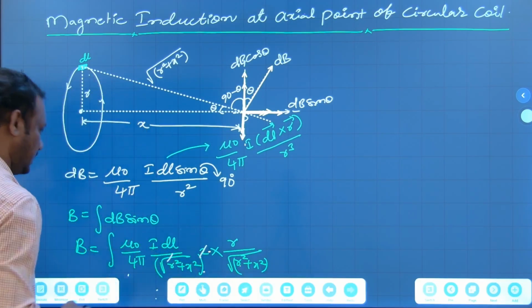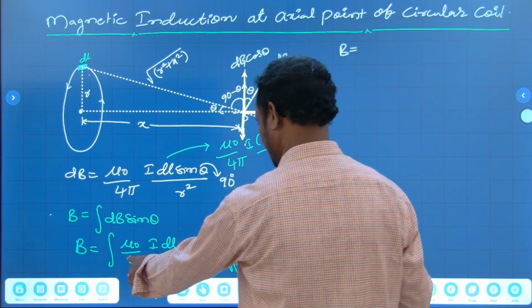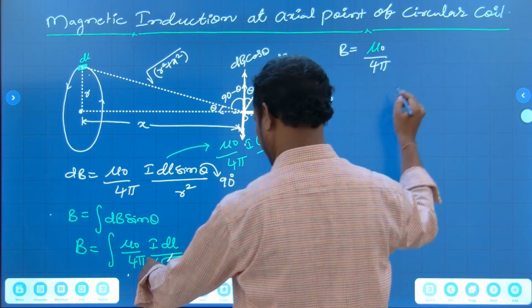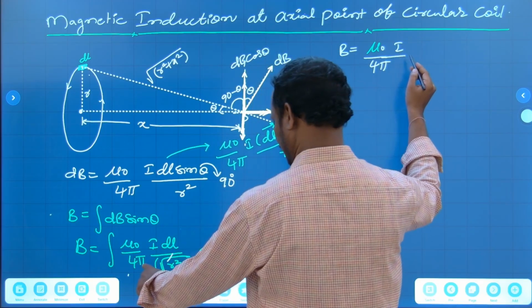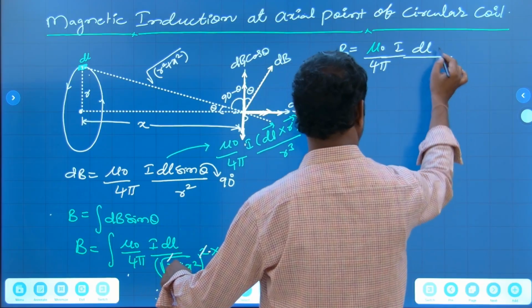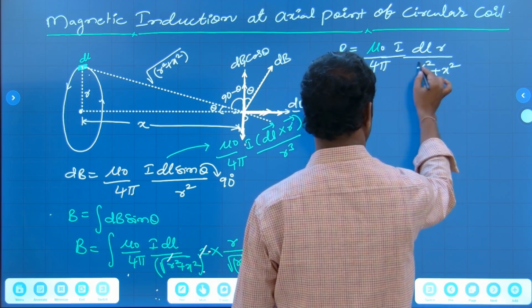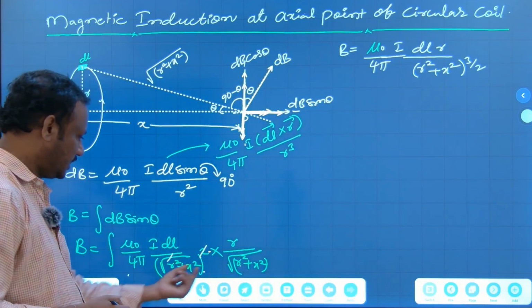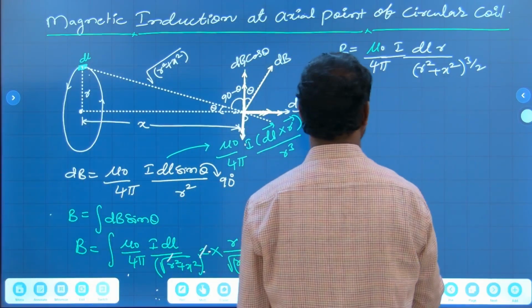Then B, the magnetic field induction, is mu naught I by 4 pi dl by the square root of r square plus x square, and the power becomes r square plus x square whole power 3 by 2.